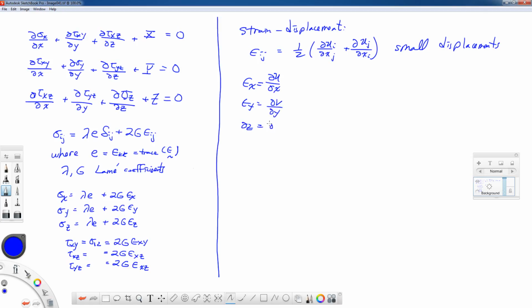Epsilon z is the partial of w with respect to z, where u, v, and w are the 3 displacement components in the x, y, and z directions. And then we have our shearing strain terms that look like this. For the tensorial shearing strains, we have 1/2 partial of u with respect to y plus the partial of v with respect to x, and so forth. And I'll write these next 2 down.